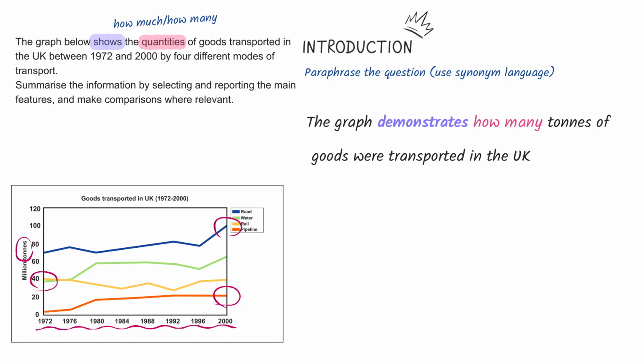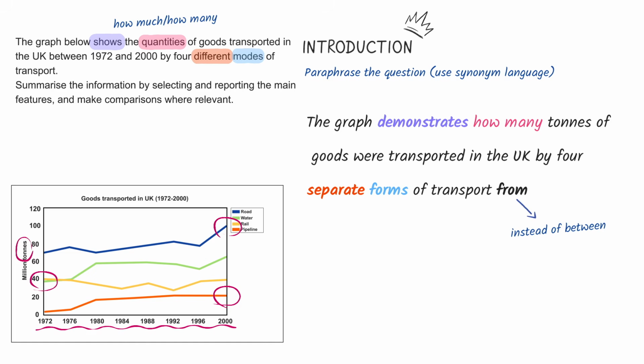So now we may write by 4 separate forms instead of, let's say, 4 different modes. Instead of different, we write separate. And instead of modes, we write forms of transport. And you can always change the date, for example, between date to date. Instead of between, you can write from.